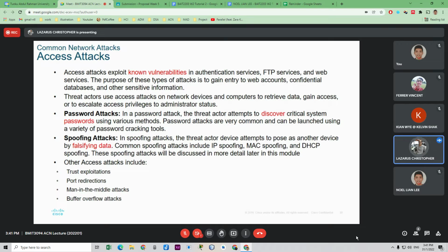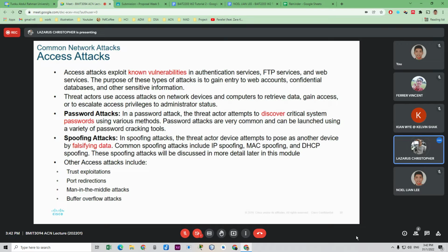So that's the ultimate aim for this access attack, to gain administrator status. When you become root inside a Linux server, that's it. You have access to the whole system because you're root, right? So you have to protect this admin account very, very well. That means you have to set a very, very strong password.